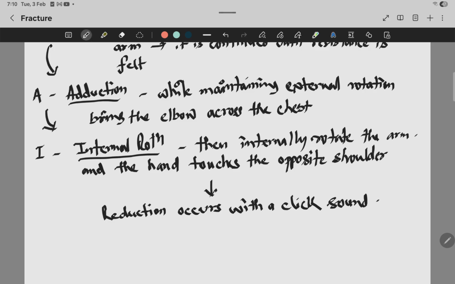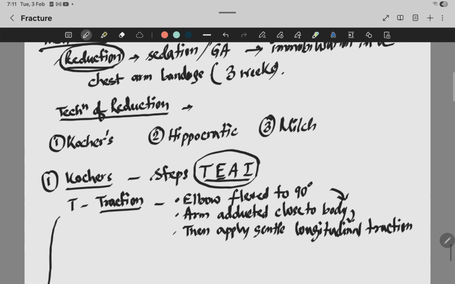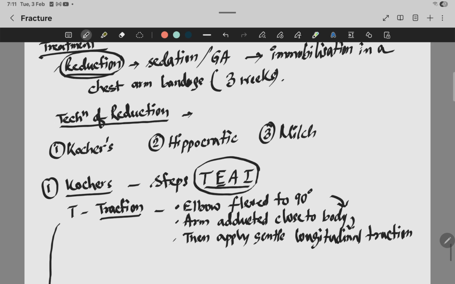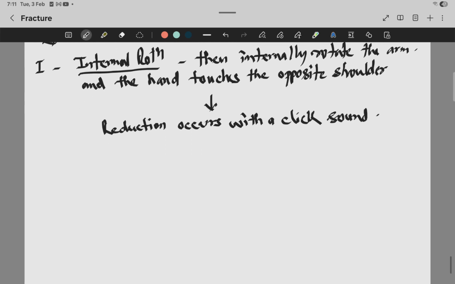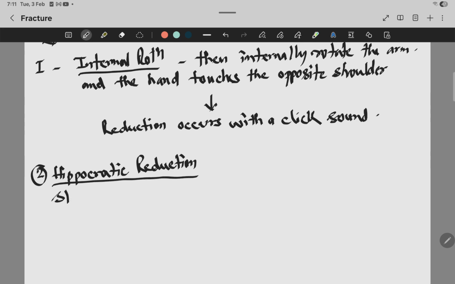Next is the Hippocratic reduction. The steps in this method are: number 1 is traction.